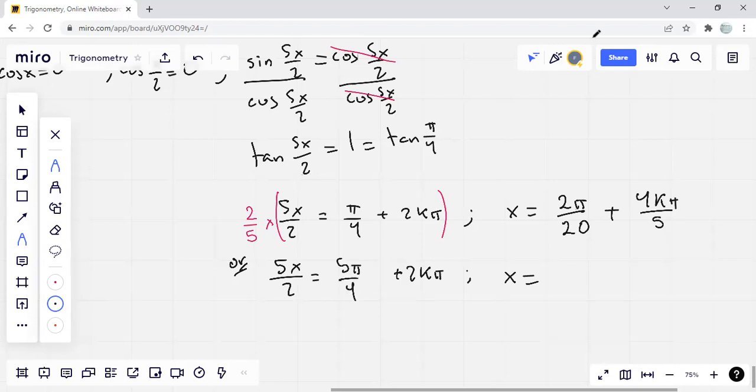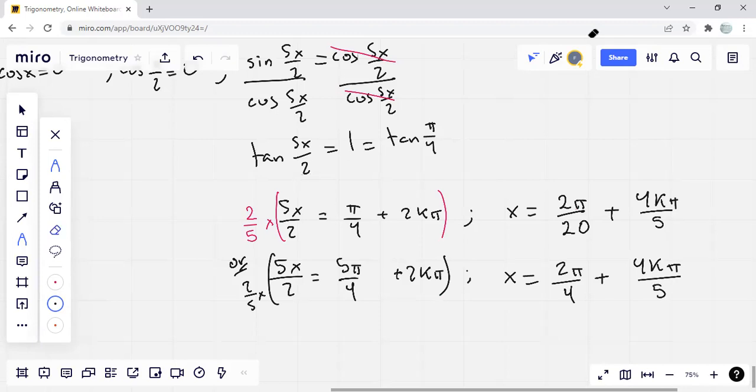So x will be equal, if multiplied by 2 over 5, the 5 will cancel out, and we are left with 2 pi over 4 plus also 4k pi over 5.